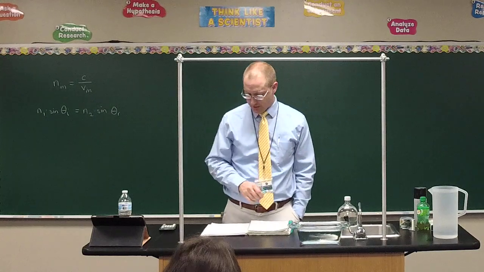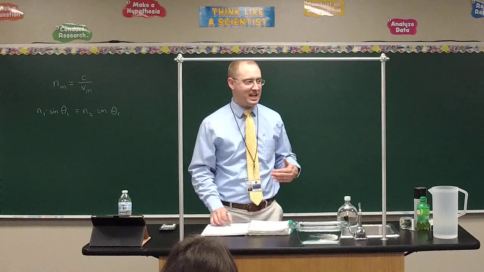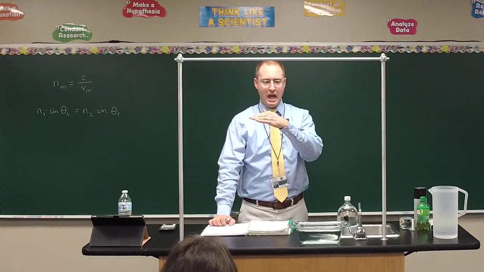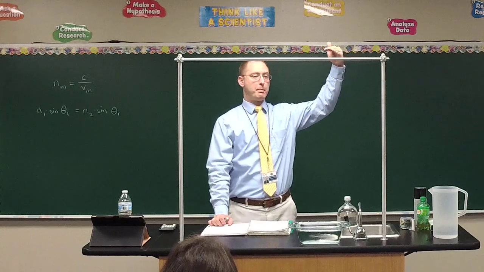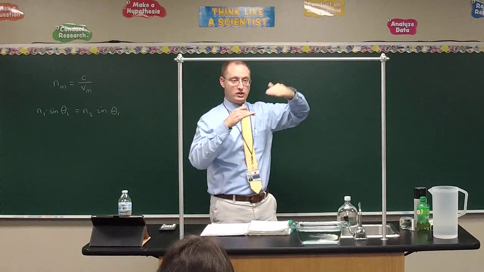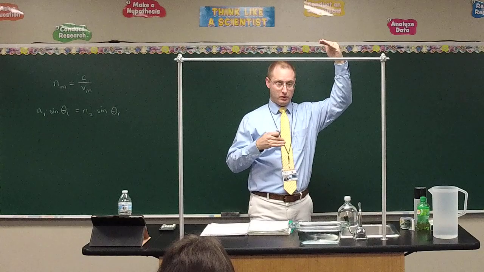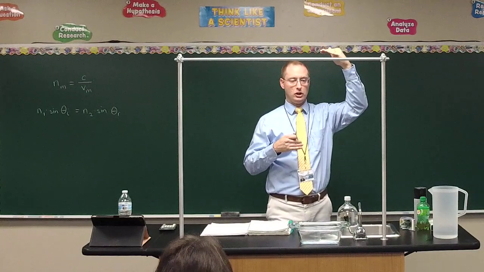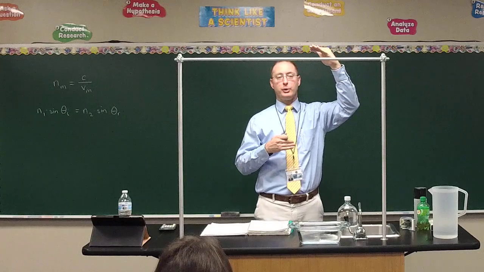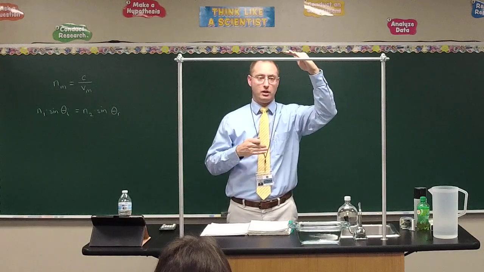Then we talked about this, that as light is in a high density medium, and if it tries to escape into a low density medium, what's going to happen to the speed of light going from high density to low density? It's going to speed up. And that means the light is going to bend in which direction?